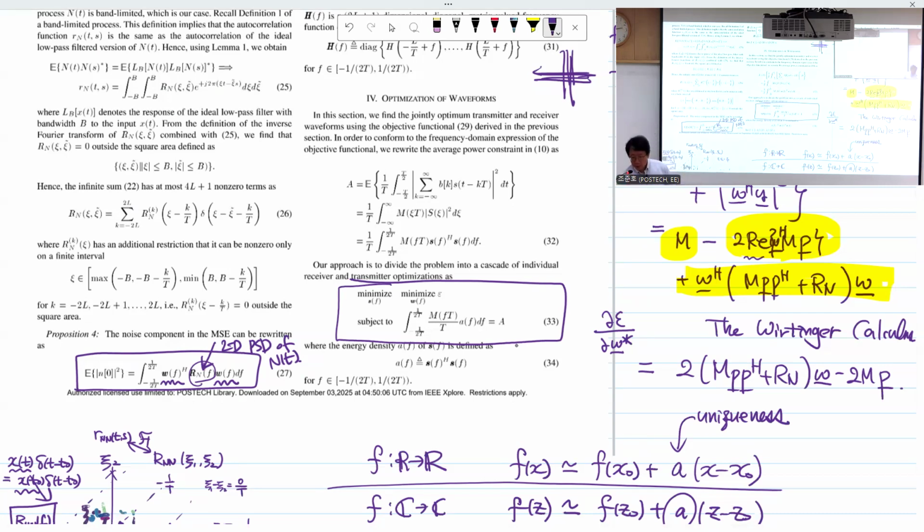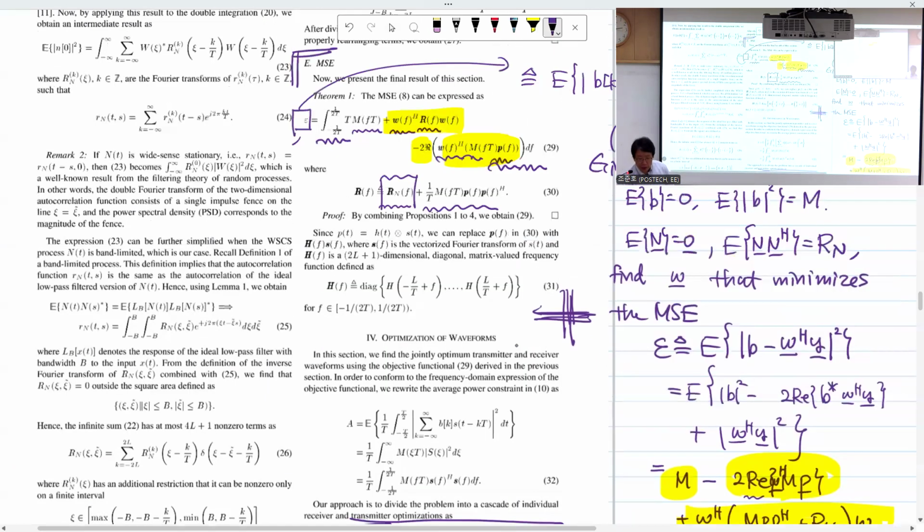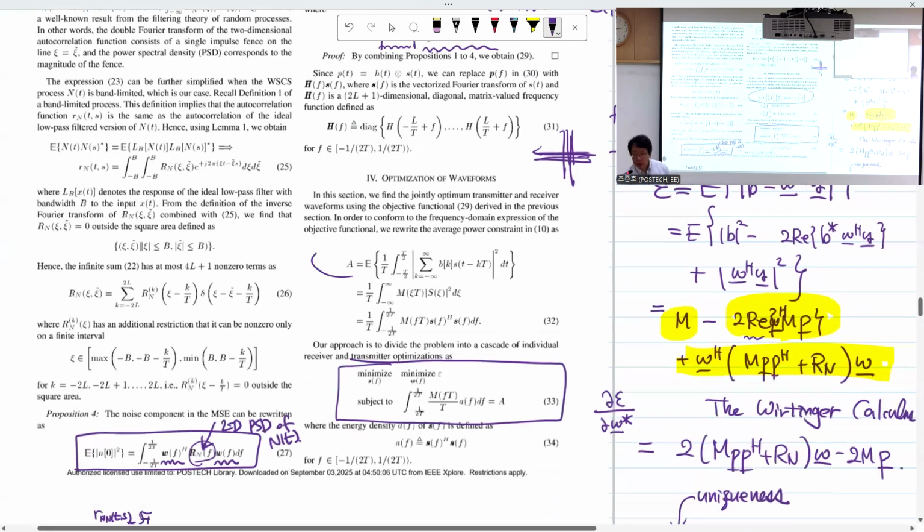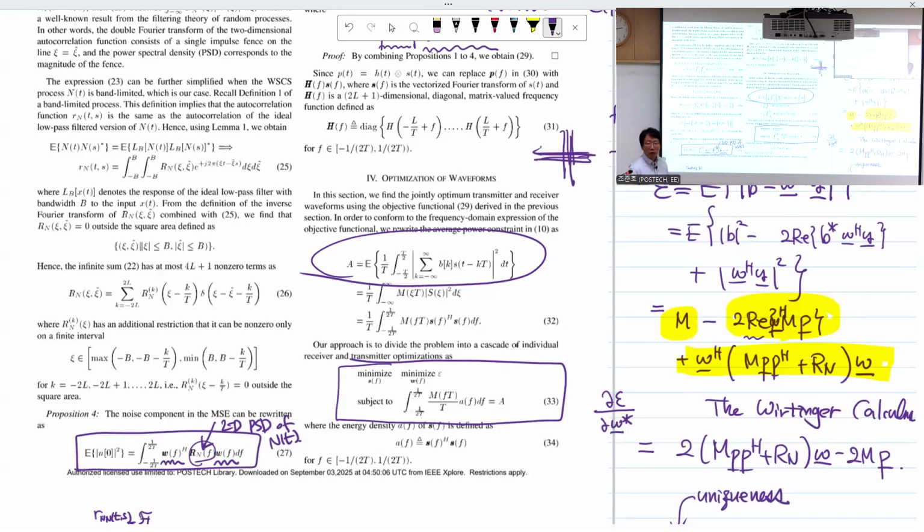The problem was minimizing this epsilon with respect to W of T and S of T subject to this one, right? And here, this is also rewritten in terms of the vectorized Fourier transforms like this. It can be done. You should easily be able to do this.